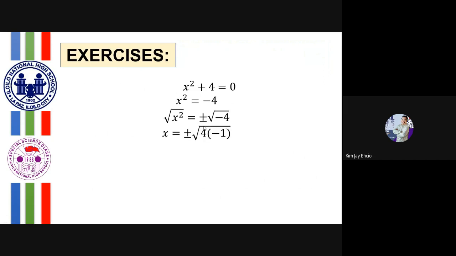And we know that negative 4 could be expressed as the product of 4 and negative 1. So we have x equals plus minus the square root of 4, which is 2, and the square root of negative 1 is i. So we have x equals plus minus 2i. Remember, in your final answer, the square root symbol should not have a negative inside the radical. If that happens, then take the square root of negative 1, which is i.